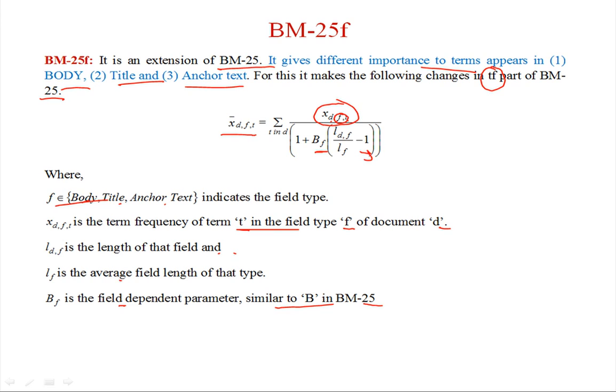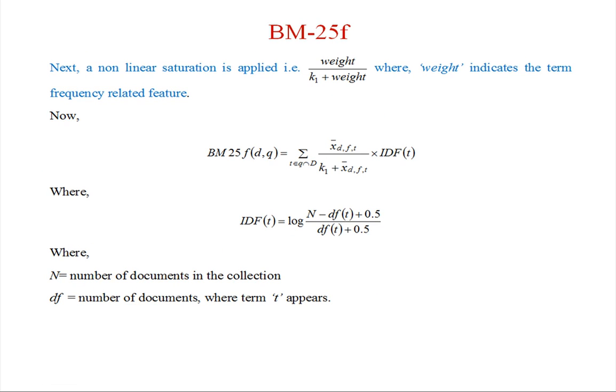So now the term frequency part will be the sum of all these scores for the given term t in the document. So it applies such changes.